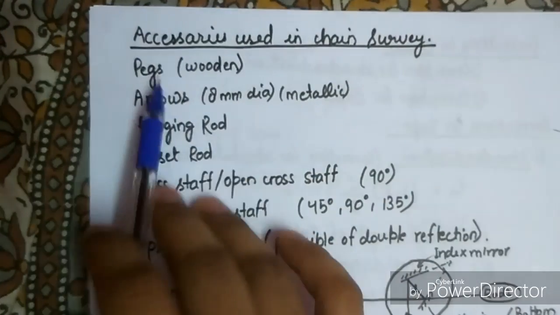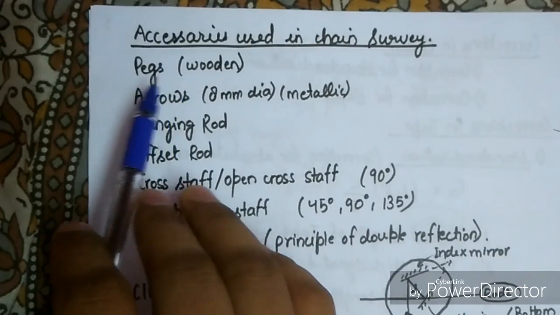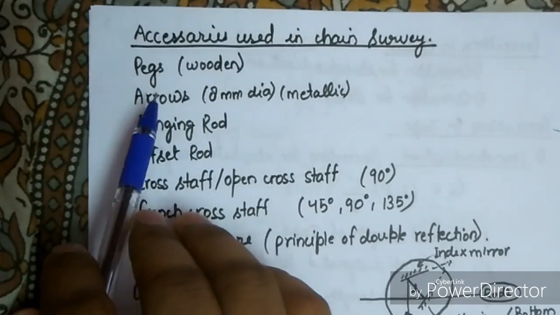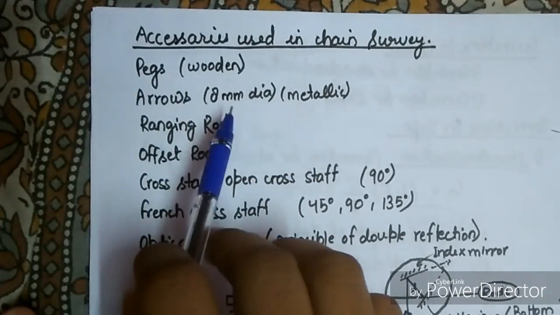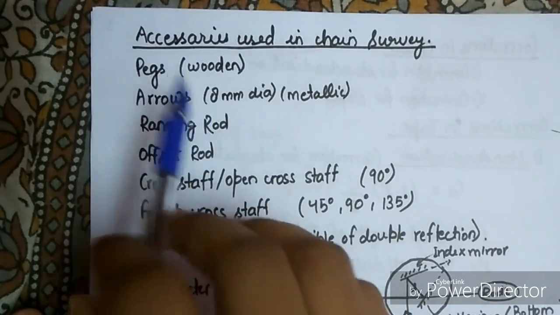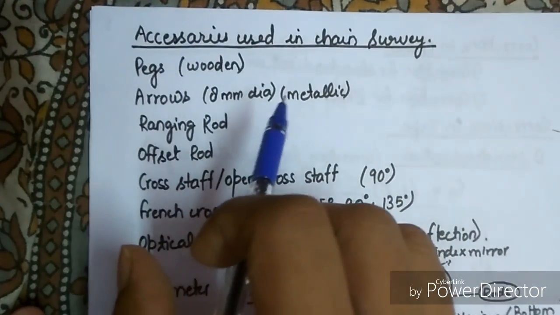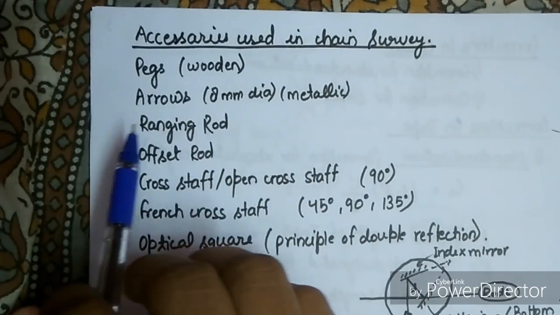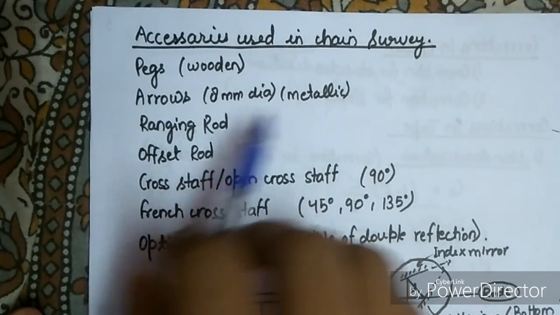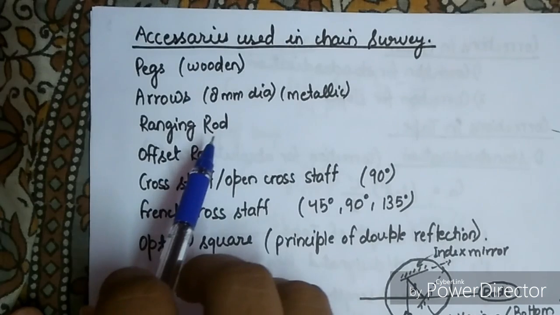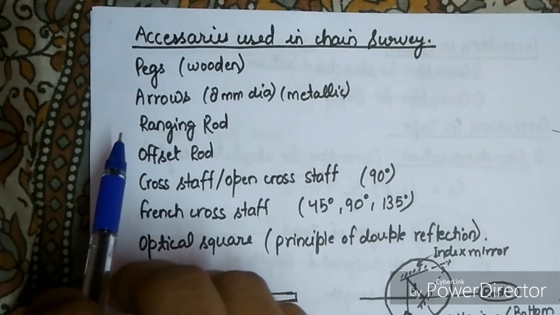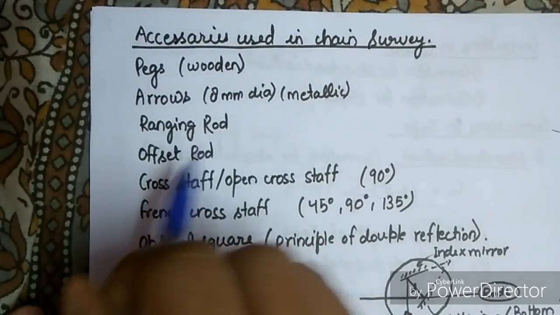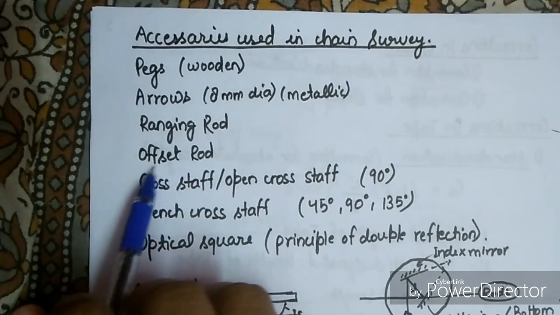The accessories in the chain survey: pegs, wooden. These are used to mark a definite point on the ground temporarily or semi-permanently. The arrows are used by the leader to mark the end of the chain length, which is later collected by the follower. These are 8 mm diameter metallic rods. And the ranging rod is used to locate the intermediate station along the survey line, and this process is called ranging.